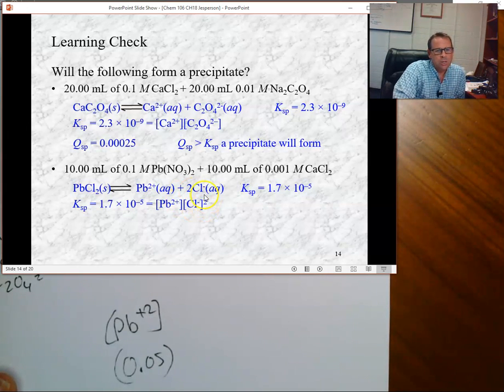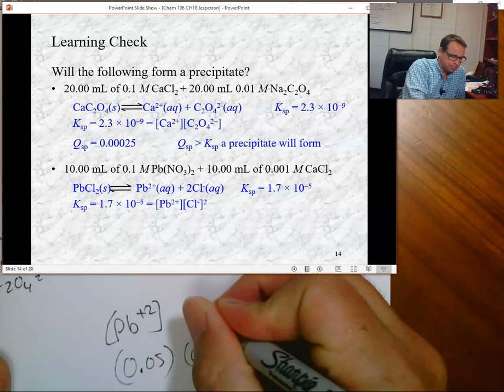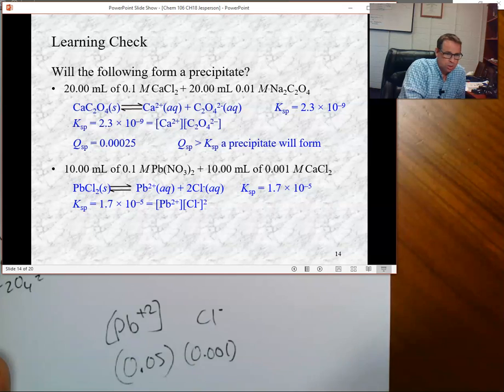The chloride ion concentration here is going to be 0.001 divided by 2, because I diluted it with this stuff. However, because there's 2 chloride ions for every mole of calcium chloride, I multiply it by 2 again. So it's going to be 0.001, just as it's written, 0.001. And that is the chloride ion concentration.